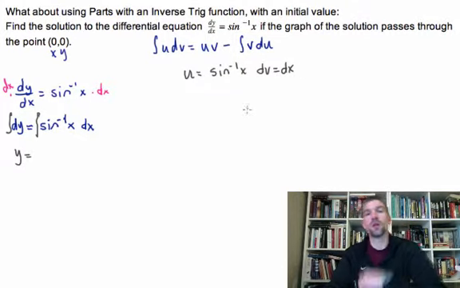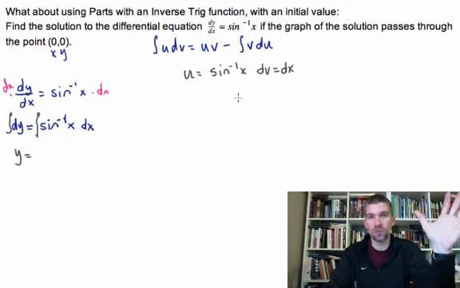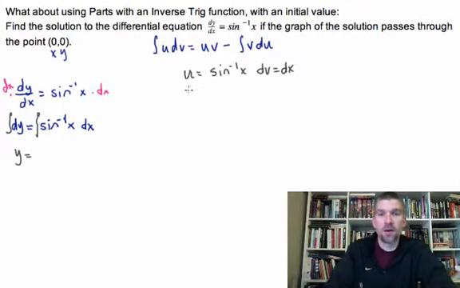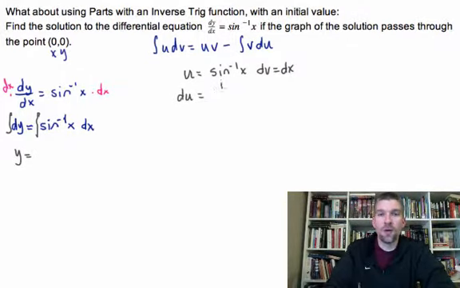And remember, when we're trying to determine what to set up to be u, very much towards the top of the list are the arcsines, the arc trig functions. So when I take the derivative of the arcsine, I get 1 over the square root of 1 minus x squared dx.